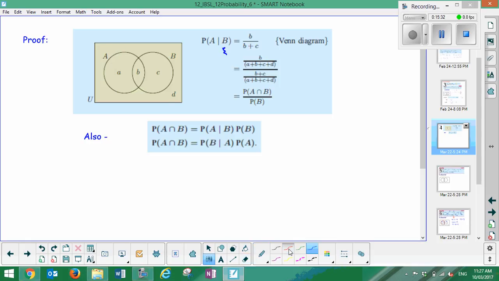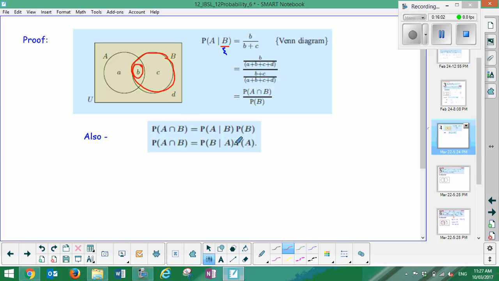So start with given B, and just look at your circle for B. What's the chance they like A? Here's the part of A that is in B. So it's B divided by B plus C, the calculation we did earlier, where B over the whole number of people is divided by B plus C over the whole lot.